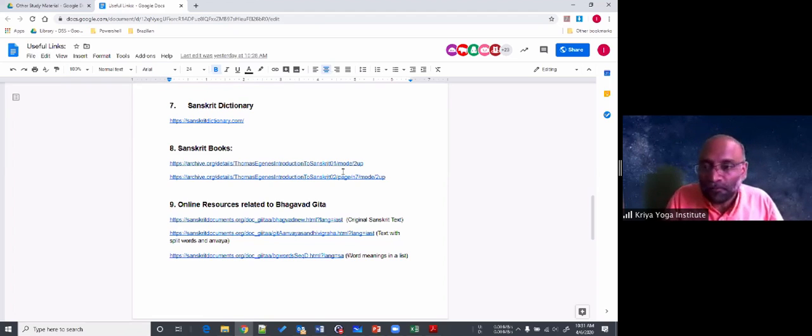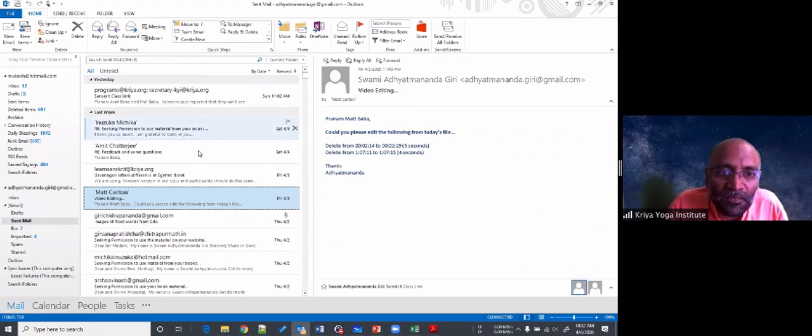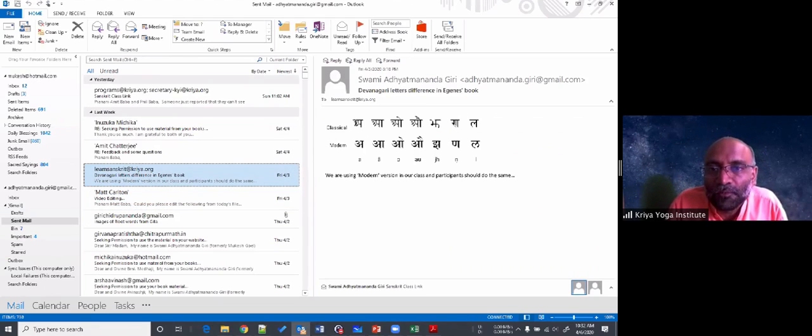Before I end the class, I just want to tell a few things because some people have a concern. In Egenes' book, there are some vowels which he has used in the older style of Devanagari and not the latest style. Why he has done that, I do not know, but I want to show you how it actually is. So Egenes' book is using the classical and we are using the modern version, so to speak.